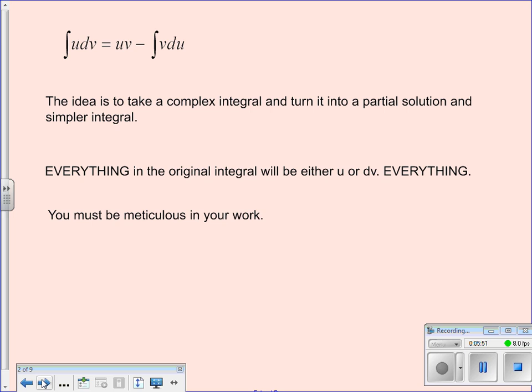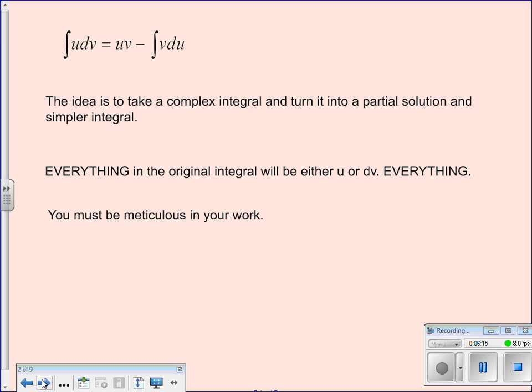You're taking something that's really complex, that's very difficult to do, and transforming it into a partial solution and a much easier integral to solve. So you will have to do another step of solving the second integral here. But that's the idea behind integration by parts.